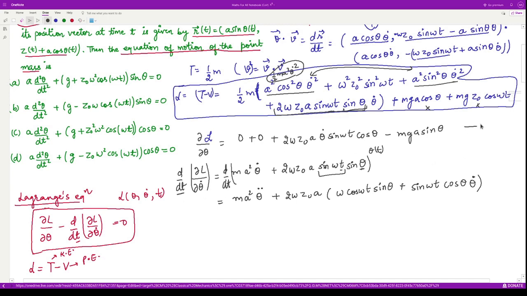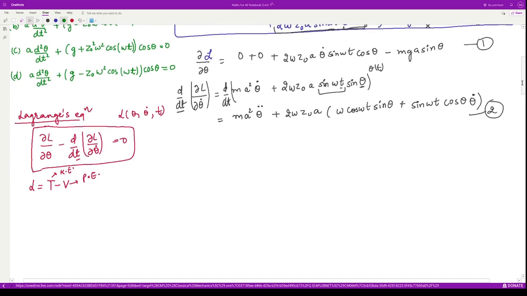So now we have this term, we have this term, so we can subtract these two terms. So let us see what do we get from here. Now we have to solve this equation, so we have to subtract this term from this term. So we would have 2 omega z naught a into sine omega t cos theta into theta dot minus mga sine of theta, and then minus of this whole quantity.